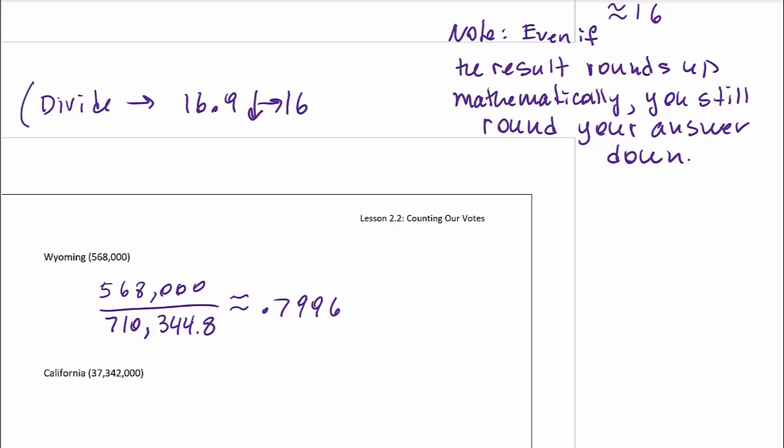Even though this one rounds down to 0 because it's not enough for one person, this state will still get one representative. Each state has to have at least one representative regardless of the size of the population. So if the math gives you 0, you still give that state one representative.